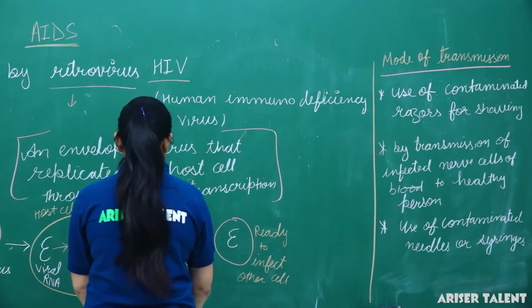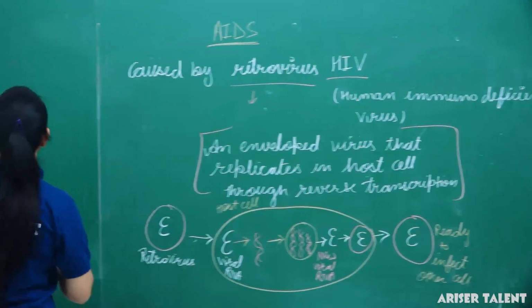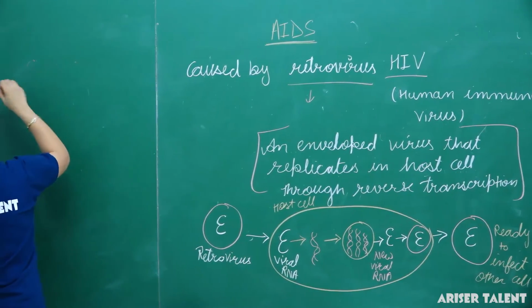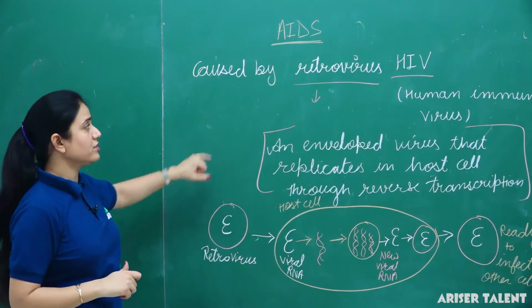Now next are the prevention measures. Generally we do not have any treatment for this, that's why it is known as the most dangerous disease.